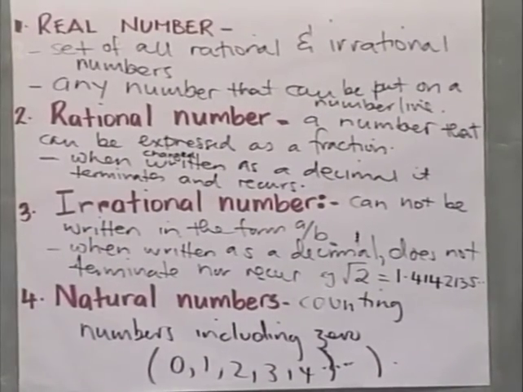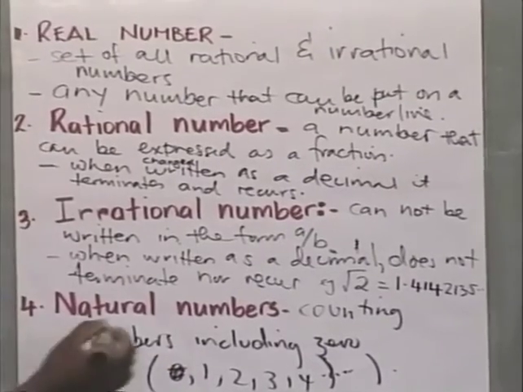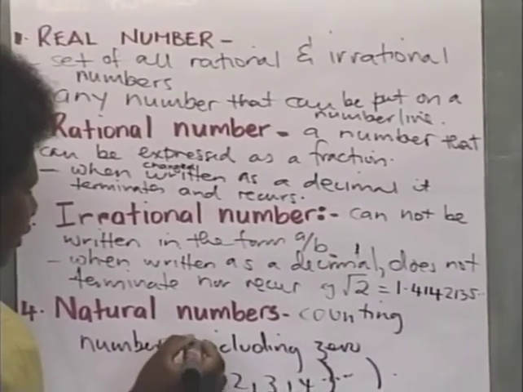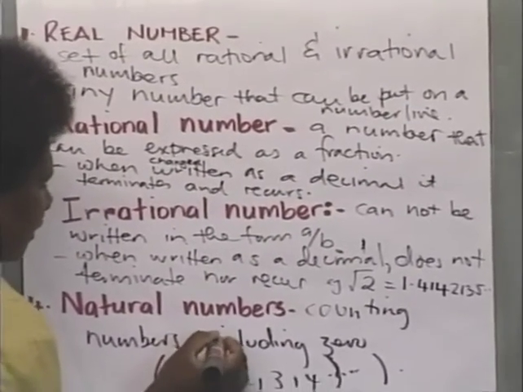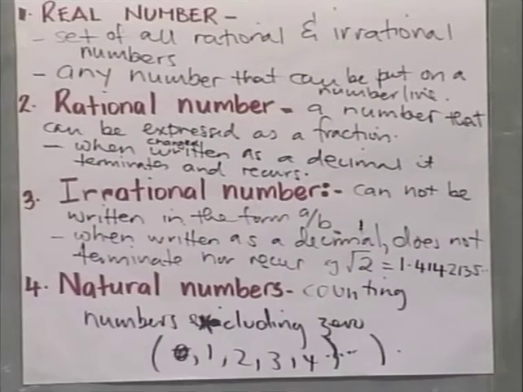Oh, sorry, wrong. Excluding 0. My mistake. Natural numbers are counting numbers excluding 0. Zero does not have a quantity, so you cannot include it in the natural numbers.